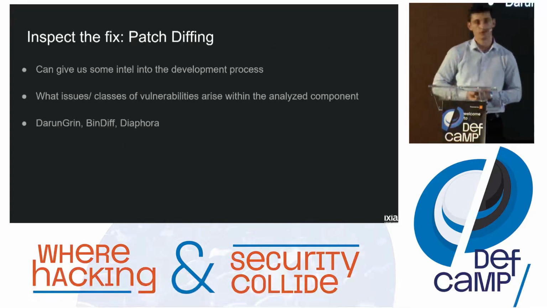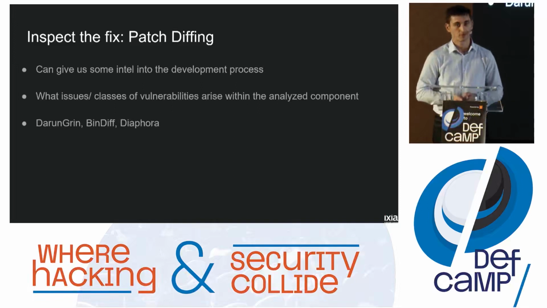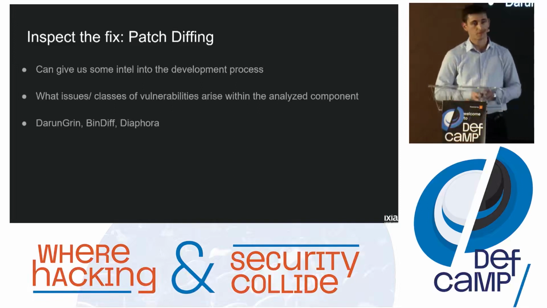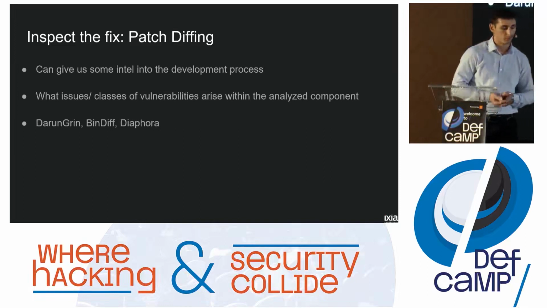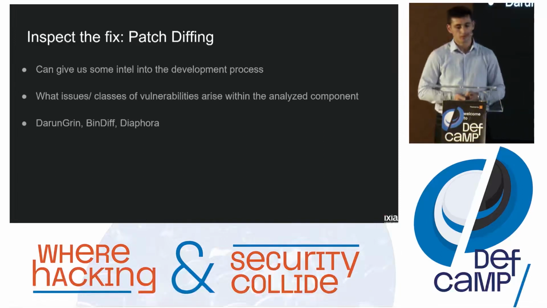Okay, so what can you do? Well, usually you start with patch diffing. Patch diffing is definitely not a new technique. It has been a while since it was employed for the first time. It basically allows you to compare two different executables at the basic block level. And it allows you to look at the differences and understand what has been patched and how it has been patched.